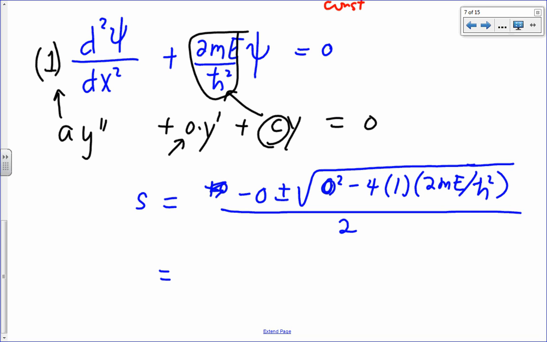And so that's negative of, plus or minus, okay, negative 8mE over h bar squared.